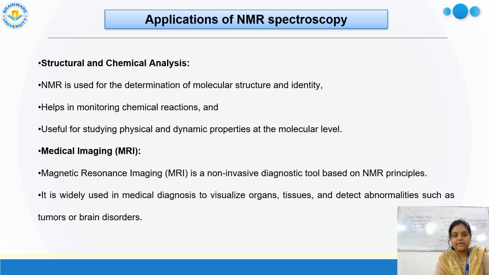In the medical field also, NMR can be used, like MRI. MRI we all know, right? It is a non-invasive diagnostic tool based on the NMR principle, also used for diagnosis of different organs, tissues, and other cases.